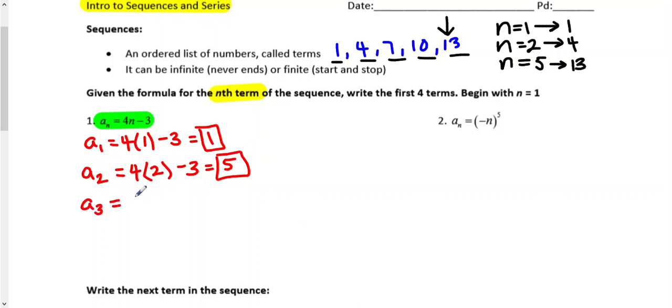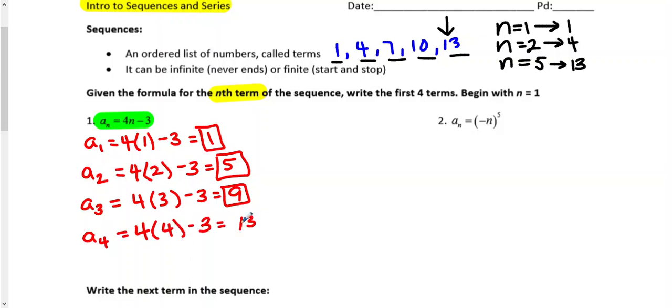A sub 3 for the third term, so we go 4 times 3 minus 3 equals, so 4 times 3 is 12. 12 minus 3 is 9. And then finally the fourth term, 4 times 4 minus 3, that equals 13. So I have my first 4 terms in this sequence. 1, 5, 9, 13.